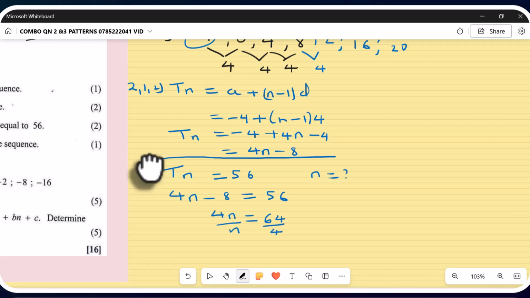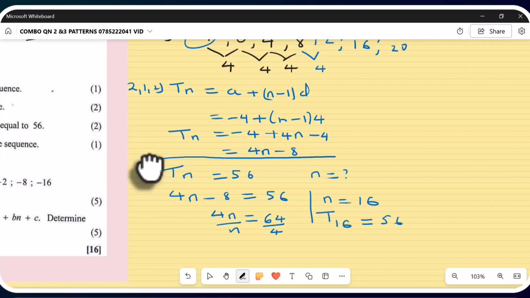Okay, so here, what do we have? This is y minus x, and then 2 minus y. What about here?